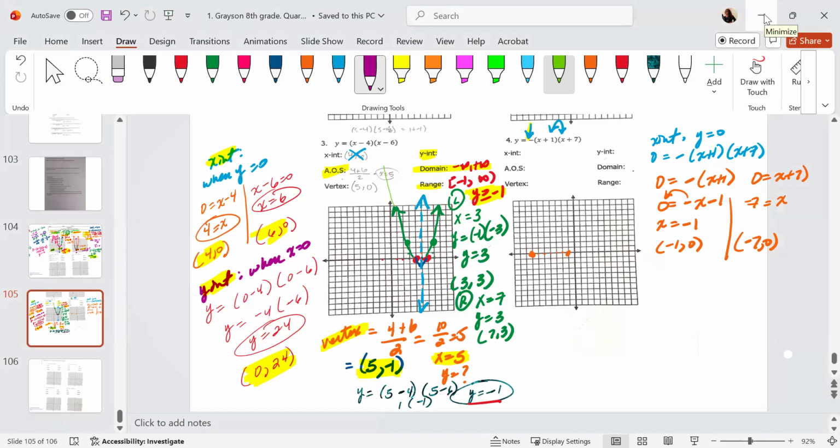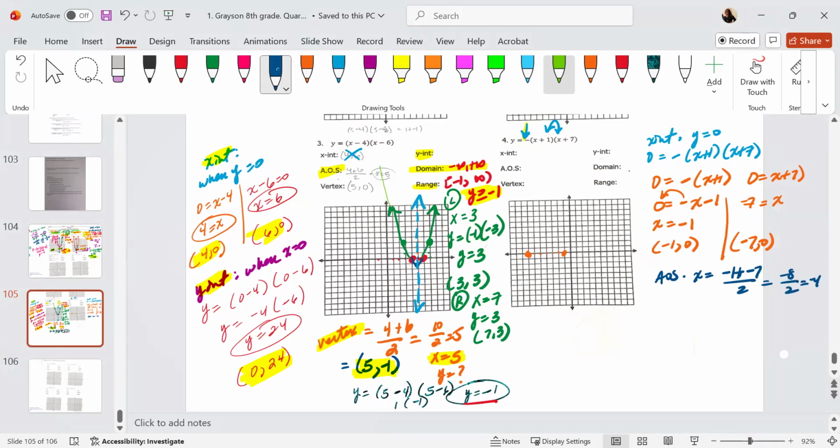And then next, what we need to do is find the axis of symmetry, right? Axis of symmetry is x is equal to, you take the two x values, add them, divide by 2, right? Negative 4, correct?